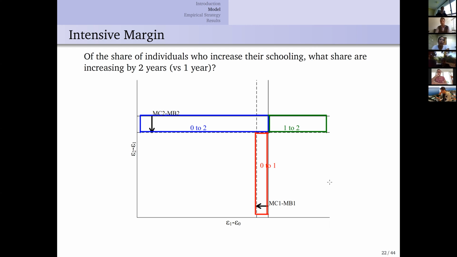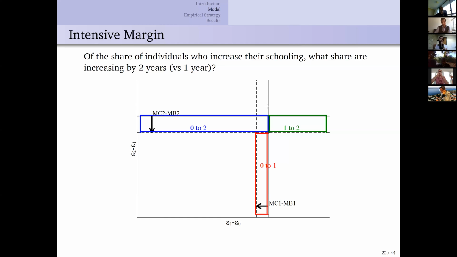That's my question. Well, okay, so I think I'm, so this is not, you shouldn't think of this as a 0 to 2 subsidy. You should think of this as people who change their schooling level. But to answer your, wait, can you repeat the last part of your question again, Tushar?